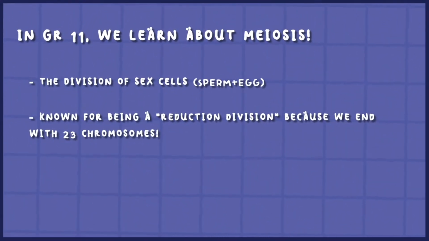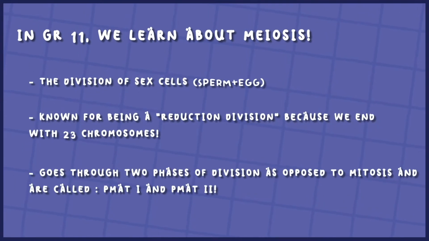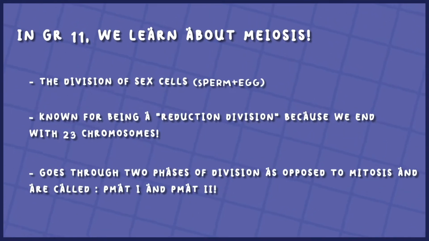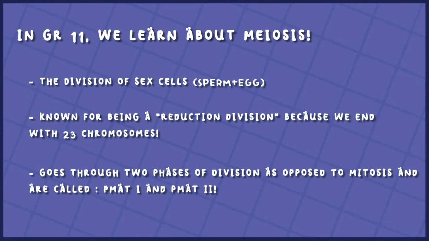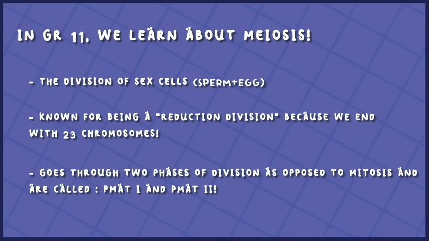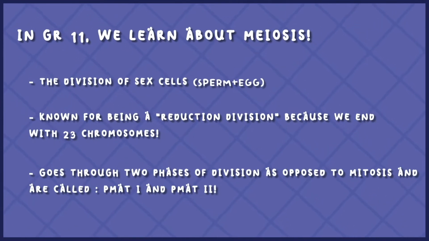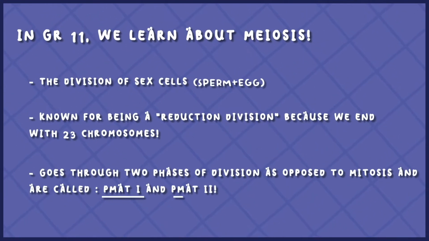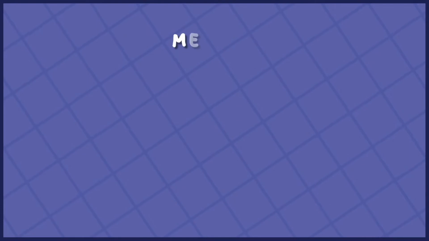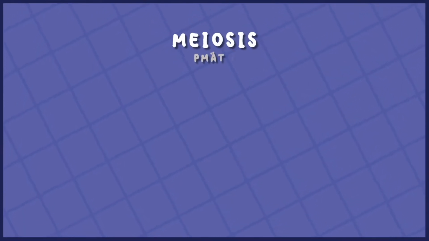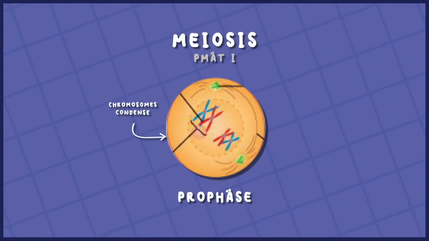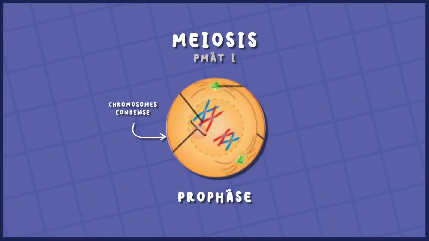In contrast to mitosis, meiosis goes through 2 sets of division, meaning 2 prophases, 2 metaphases, 2 anaphases, and 2 telophases. Now we like to divide these 2 phases into PMAT1 and PMAT2. So starting at phase 1, in meiosis, like mitosis, your chromosomes will condense in prophase 1.